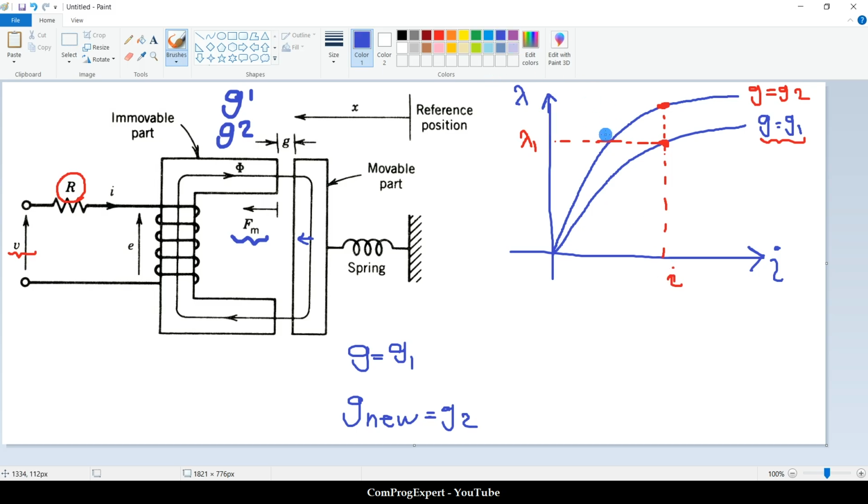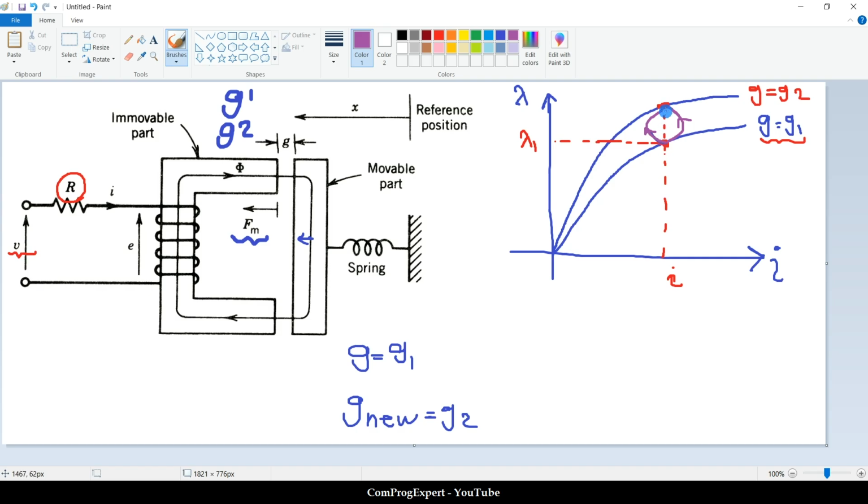So we can propose different trajectories. To model this movement, we can have this trajectory. Let's show it with this color. We can have different trajectories to move from point 1 to point 2.